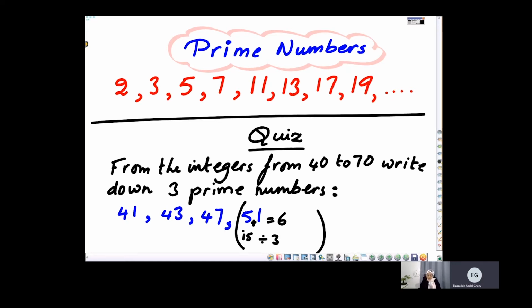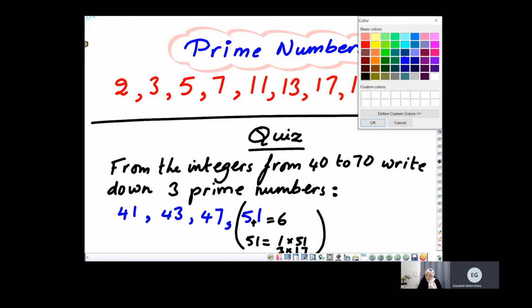Yes, 51 divided by 3 is 17. Oh, it means I have to check first. Because 51 is 1 multiplied by 51, yes, but it's also 3 multiplied by 17. So we cannot consider it a prime number.